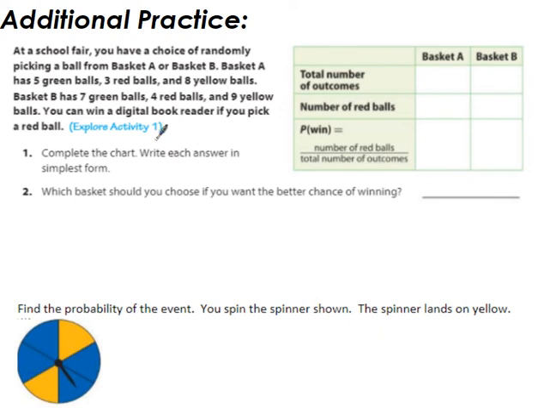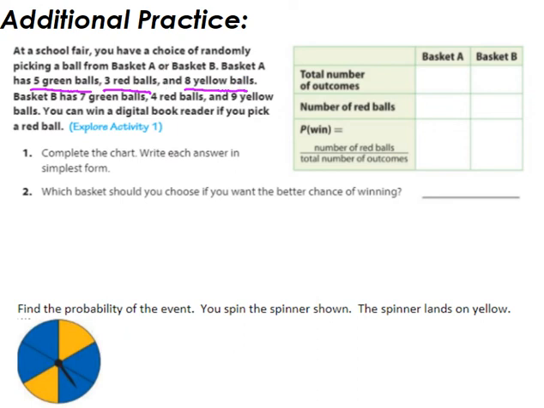Okay, so at a school fair, you have a choice of randomly picking a ball from basket A or basket B. So you have 2 baskets that you get to choose from at the fair. You can win a digital book reader if you pick a red ball. So your goal is to pick a red ball, and then you win a digital book reader. Well, basket A has 5 green balls, 3 red, and 8 yellow.